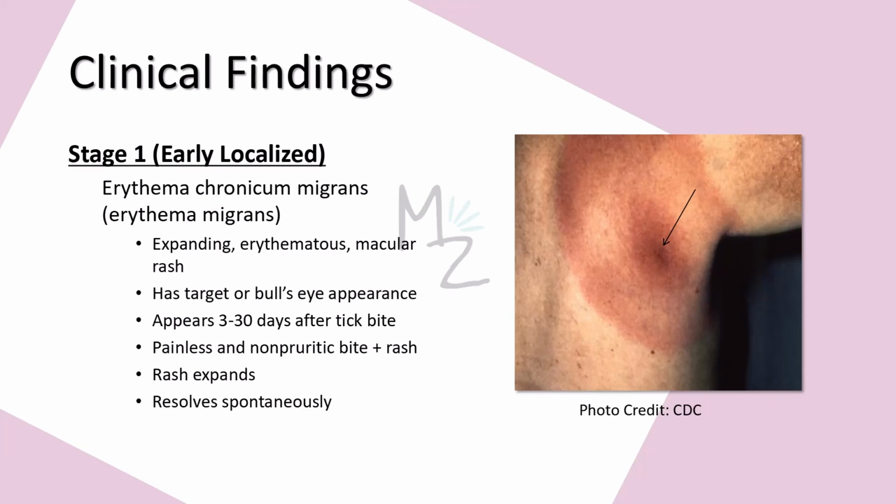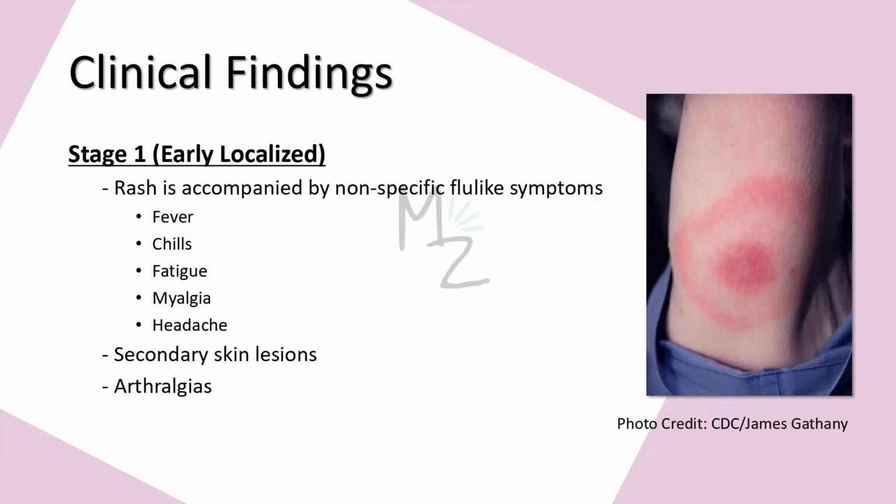Like, after a mosquito bite you feel it on your skin, but you will not feel the same itch after a tick bites you. The rash expands over the course of days or 2 weeks and resolves spontaneously in a few weeks. The rash may be accompanied by non-specific flu-like symptoms such as fever, chills, fatigue, myalgia, and headache.